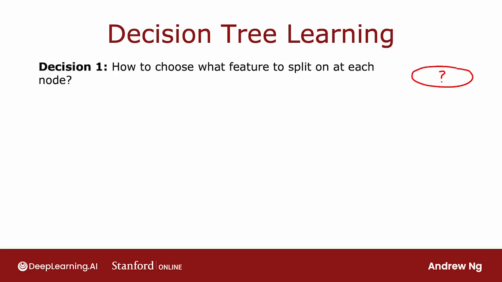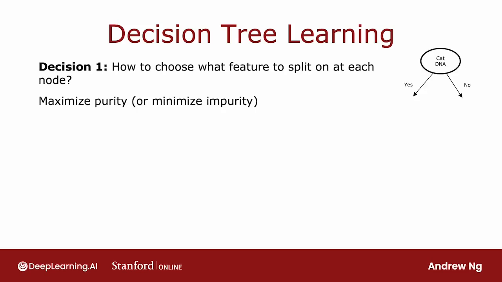We'll see in the next video that decision trees will choose what feature to split on in order to try to maximize purity. And by purity, I mean you want to get to subsets which are as close as possible to all cats or all dogs. For example, if we had a feature that said, does this animal have cat DNA?